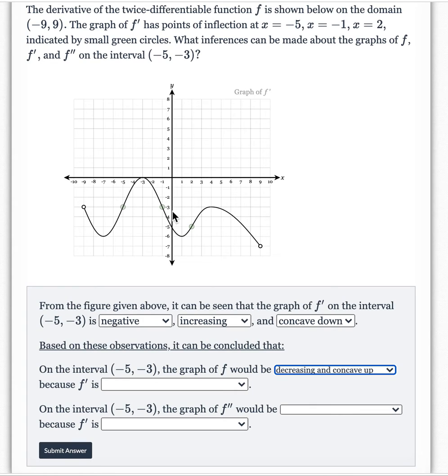Well, we know that because if the slope is negative, doesn't that mean that it goes downhill? Slope is negative. The graph is going downhill on f. Not this picture, but if we went back to the graph of f. And it would be concave up because the slope is increasing.